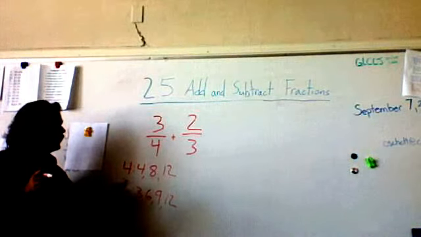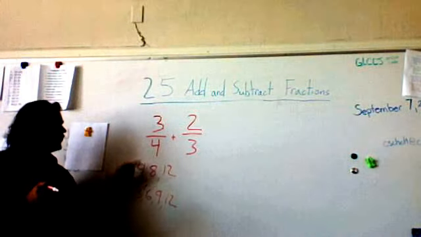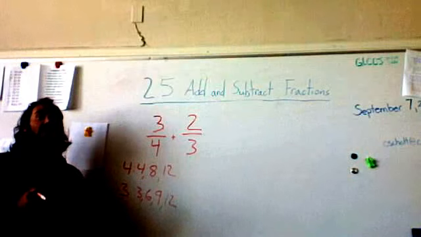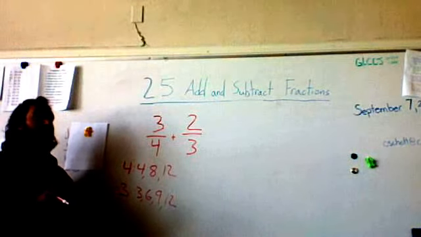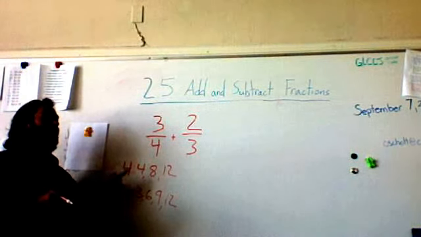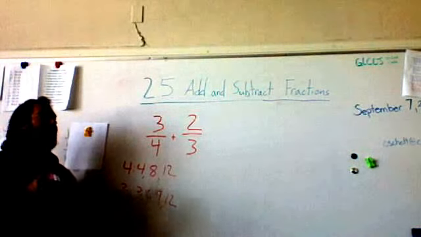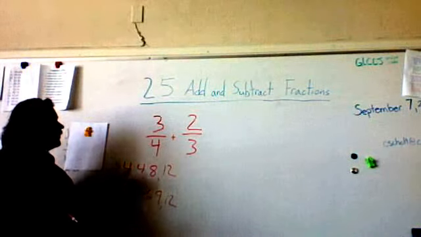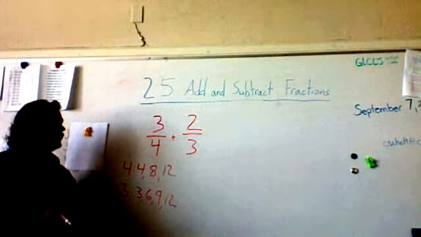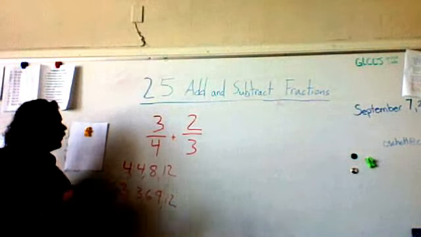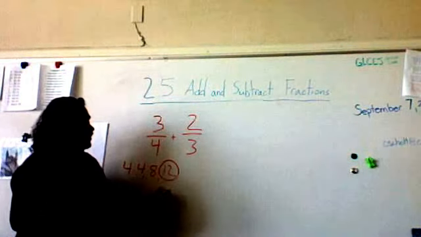If you know all your multiplication facts, as I was writing these 4s, I went 4, 8, 12, boom. I know right away that 12 is also a multiple of 3. So I can stop right there and not have to keep writing numbers. As you get better and better at multiplication, this is going to get easier and easier for you. So we have our least common denominator of 12.